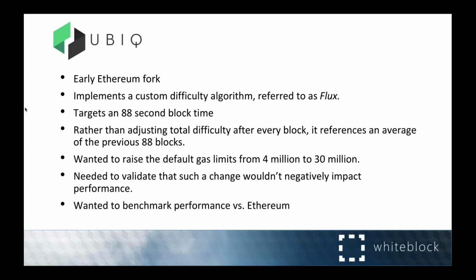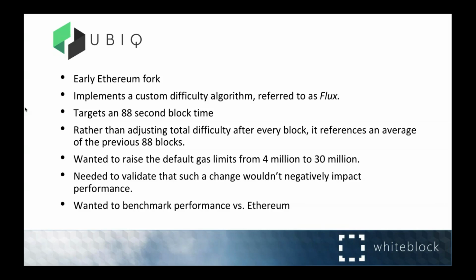They're actually an Ethereum fork, so they took Geth source code and wanted to address some essential shortcomings that they identified within the Ethereum network. They implemented a custom difficulty algorithm referred to as Flux, which targets an 88-second block time. Rather than adjusting total difficulty after every block the way Ethereum does, they reference an average of the previous 88 blocks.